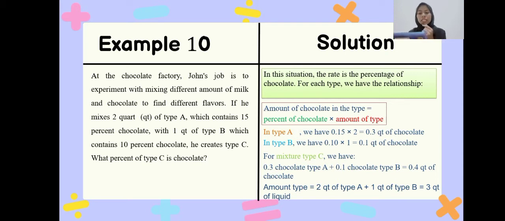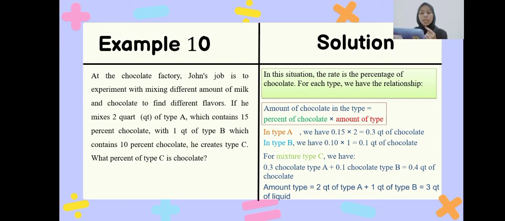The solution is, in this situation, the rate is the percentage of chocolate. For each type, we have the relationship: amount of chocolate in the type is equal to percent of chocolate times amount of type.